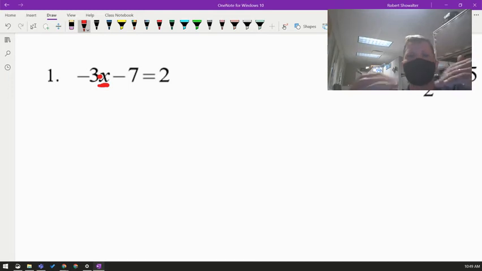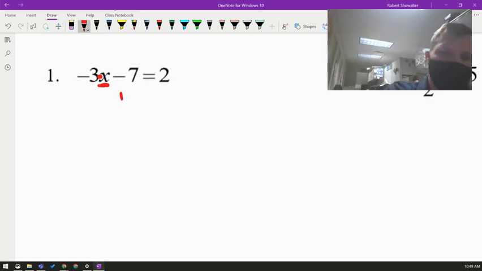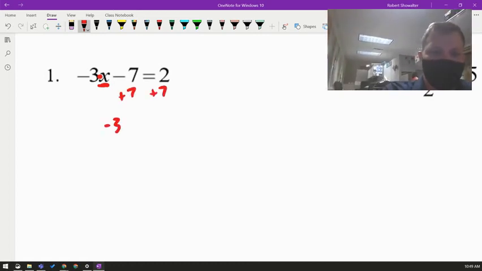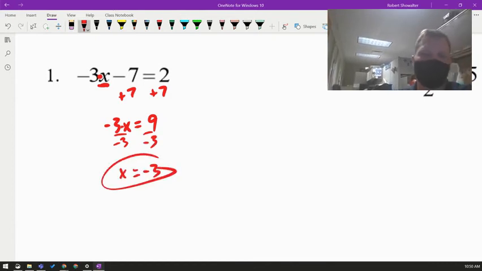And I want to think what is the weaker out of those 2 to get rid of first, which would be the minus 7. It's kind of, obviously in quotes, a weaker bond. So I would add 7 to both sides to get rid of that. Negative 3x equals 9. And we divide by negative 3 because we have negative 3 times x. We get x is negative 3. So 9 divided by negative 3 is negative 3 as well.